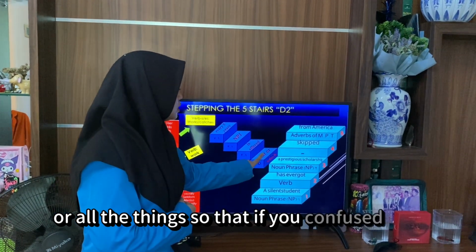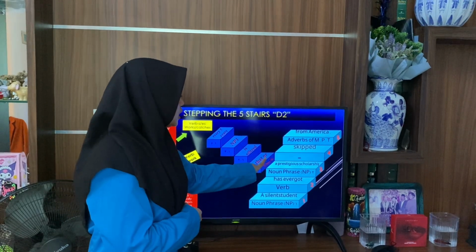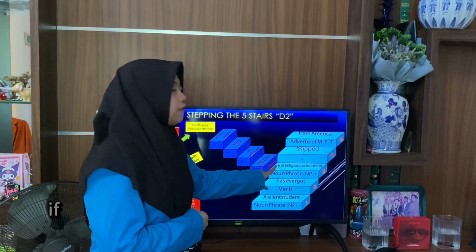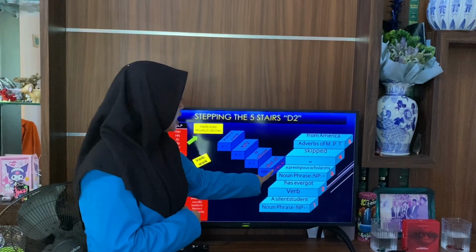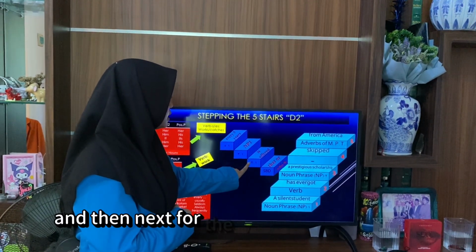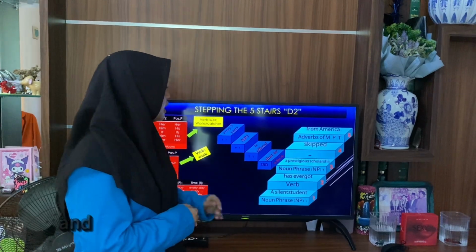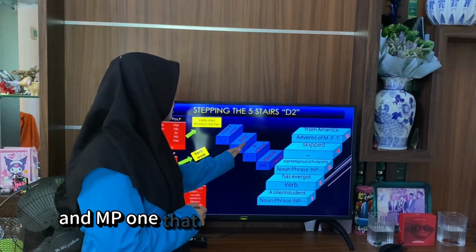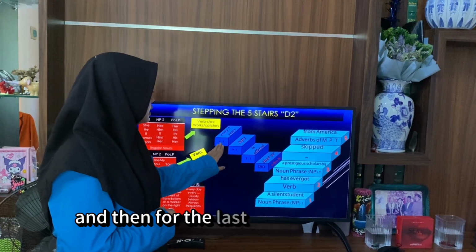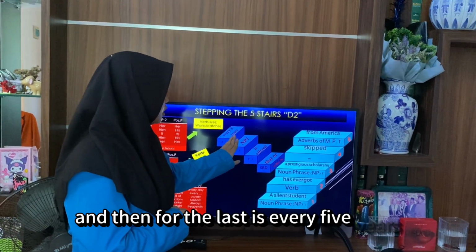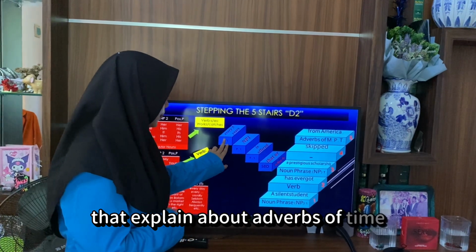If you are confused, you can use that in subordinating, or which if you know that a prestigious scholarship is a noun. And then next, for the verb, we use is offered, and there's no NP1 in here. And then for the last is every 5 years, that explains about adverb of time.